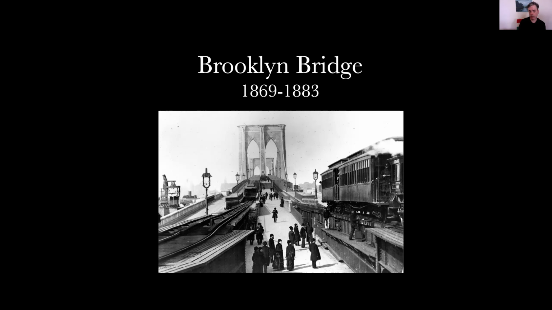Park Slope was already a thriving neighborhood. Fort Greene was already a thriving neighborhood. Cobble Hill was already a thriving neighborhood. Red Hook had already developed into this kind of working class dockland neighborhood. So Brooklyn was definitely a city before the Brooklyn Bridge even began construction.